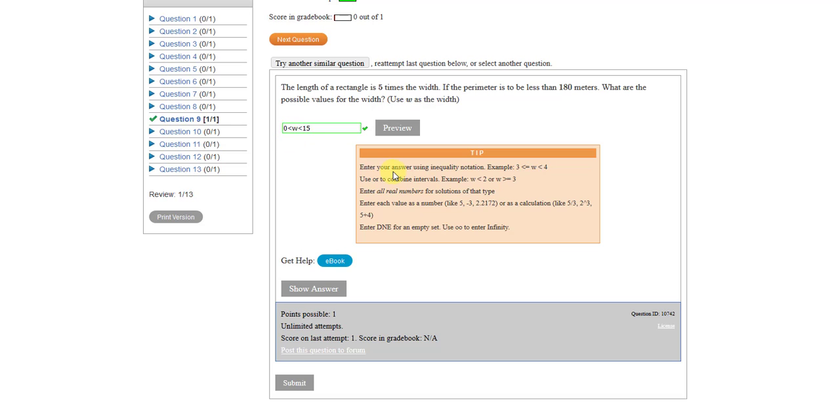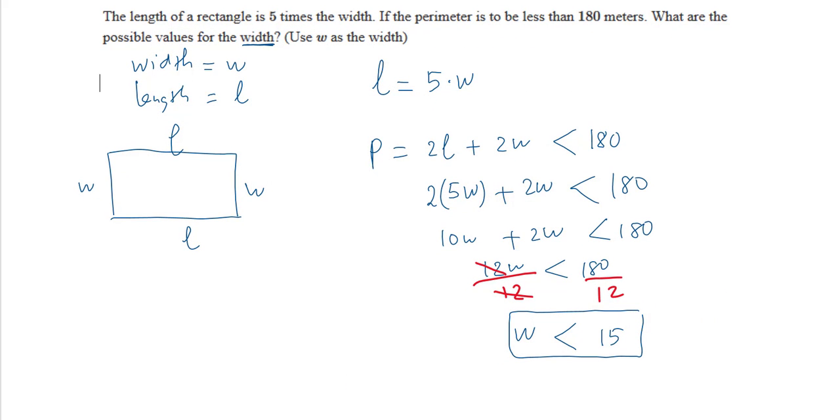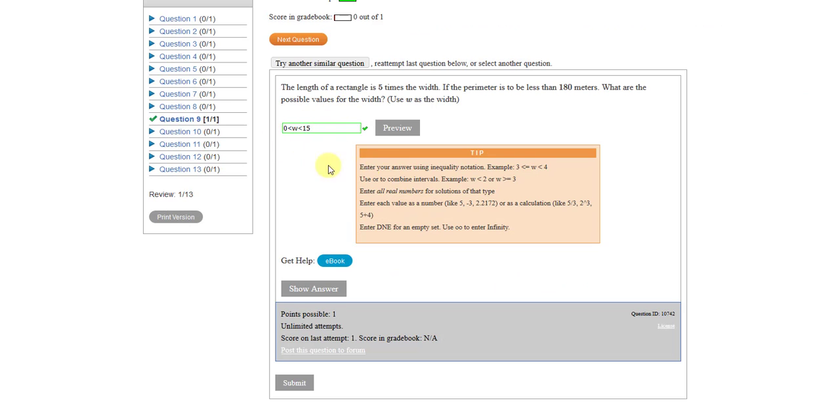You cannot have a negative value for a distance or the units of a measurement, and you cannot have the width be 0. That doesn't make sense. 0 means nothing. So be careful, this is the application of a real-world problem. We need to consider that the width cannot be 0 or negative. So it's greater than 0 and less than 15.